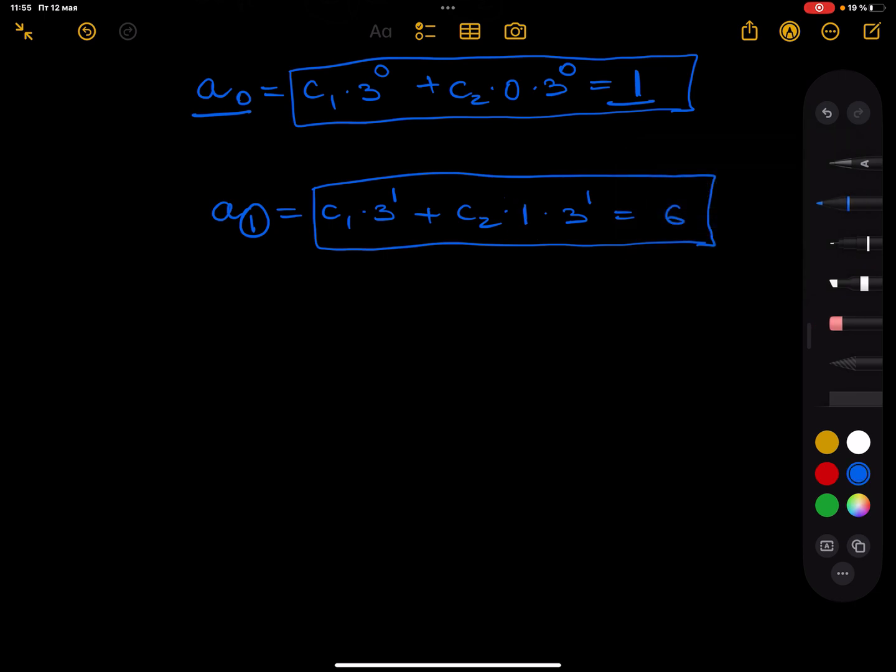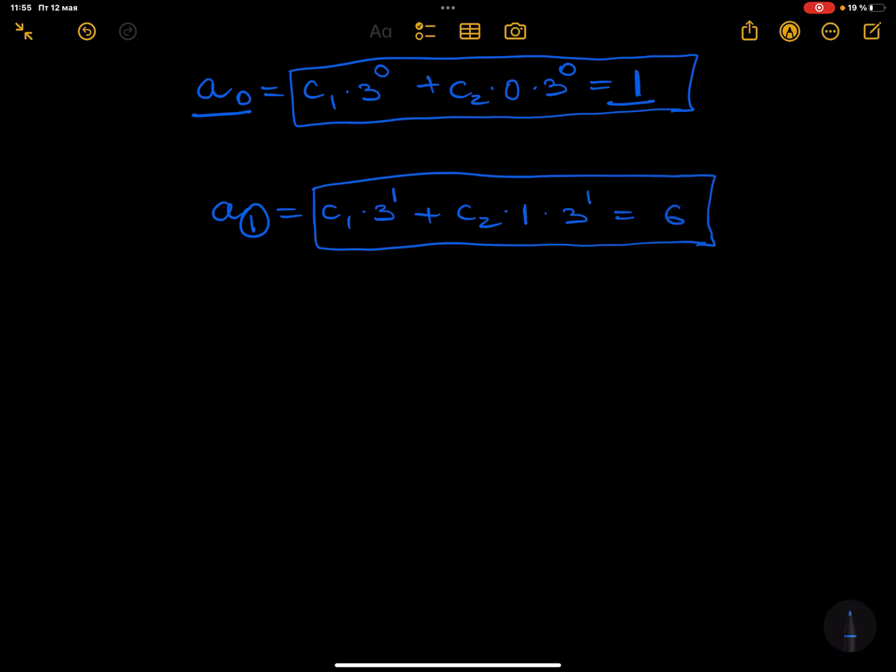I just forgot to substitute here. So then what we have is that from the first one, 3 to the power 0 is just 1, right? So 1 multiplied by c1, just c1, plus 0 multiplied by anything is 0, so I'm not gonna write plus, I'm just gonna write that c1 equals 1.